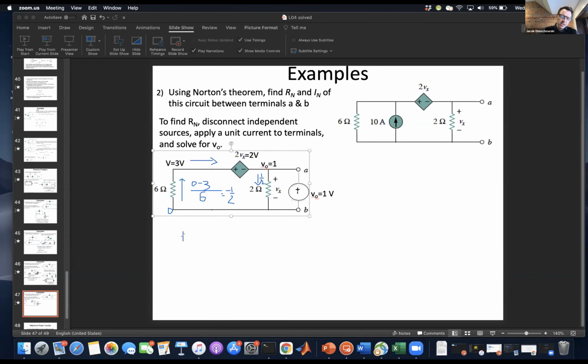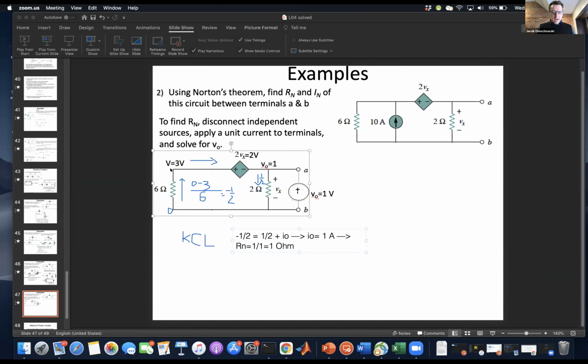So the KCL equation, I'll switch to text, would be negative 1/2 amps, I'll just draw it, is equal to 1/2 plus I naught, which means that I naught is equal to 1 amp, which means that Rn is equal to 1 over 1 is equal to 1 ohm. So there we go. You do get the same answer.